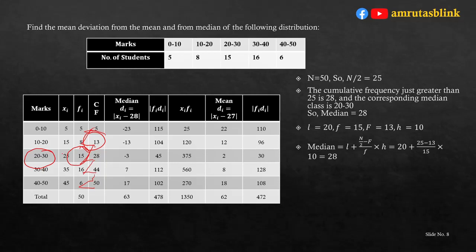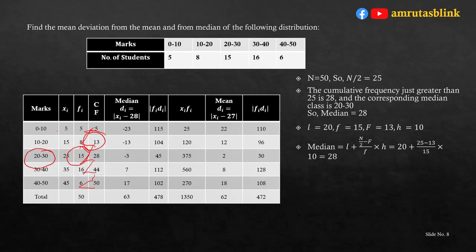So median is equal to 20 plus (25 minus 13) upon 15 into 10. So upon simplification we will get the value of the median as 28. Now this is the median. So we will calculate the deviation of each observation about the median, from the xi column.